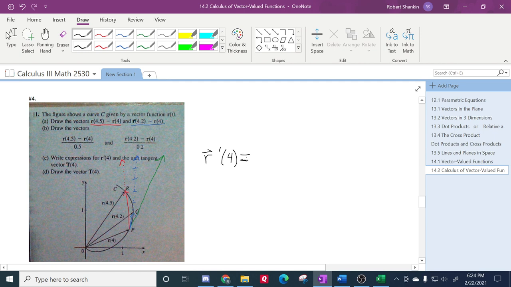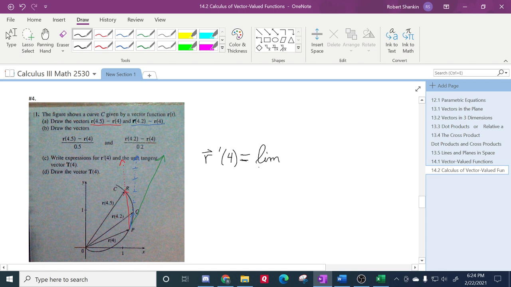Okay, group 2, you got an expression for r prime of 4? We were all pretty stumped. The only thing I got was just the original limit equation we had, but replacing t with 4, but that's not a precise value.